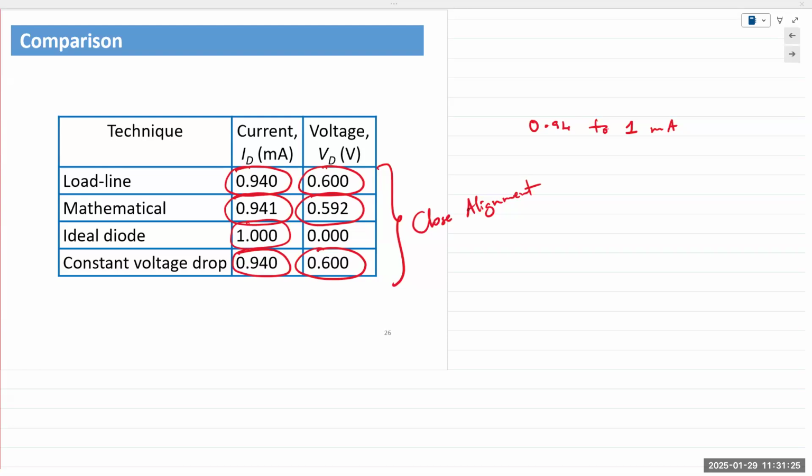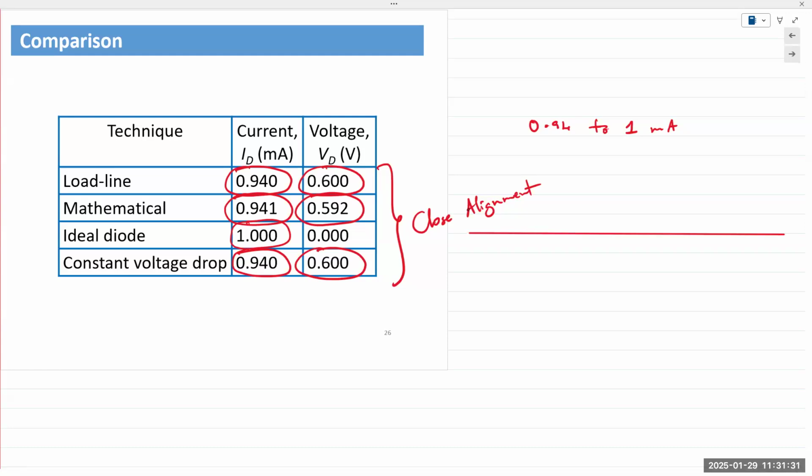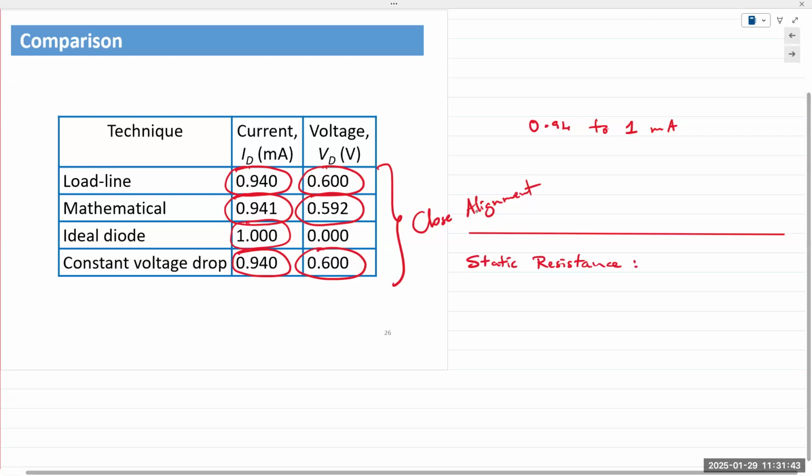There are a couple of quantities I wanted to point out. First is static diode resistance, also known as DC resistance.